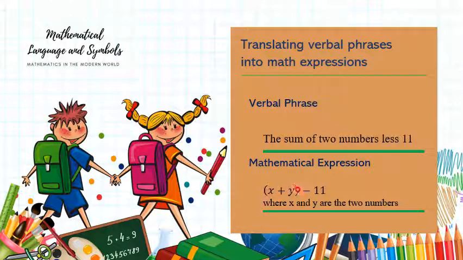Use parentheses to group x plus y, because the sum comes first before it is subtracted by 11. Otherwise, it would read as a number added by another number and subtracted by 11. But since it is emphasized that it is the sum of two numbers, you need to add them first before you subtract 11.